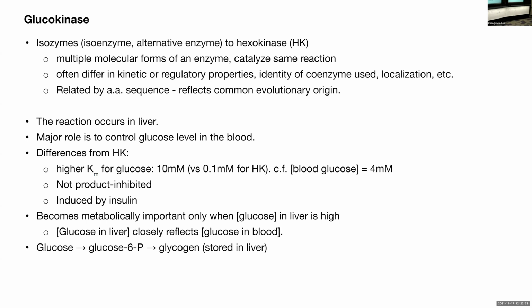It doesn't care about glycolysis. What it cares about is making the storage form, glycogen. So they are involved in vastly different biological processes, but they're still isozymes because what they're doing is essentially the same with different properties.